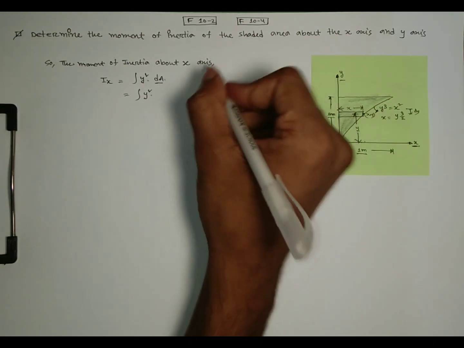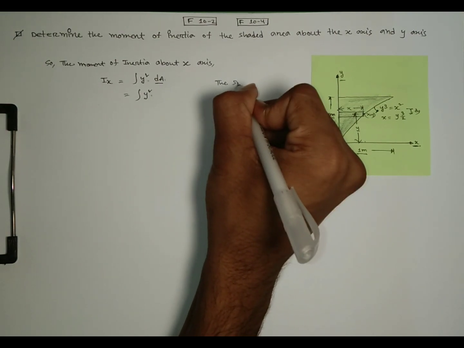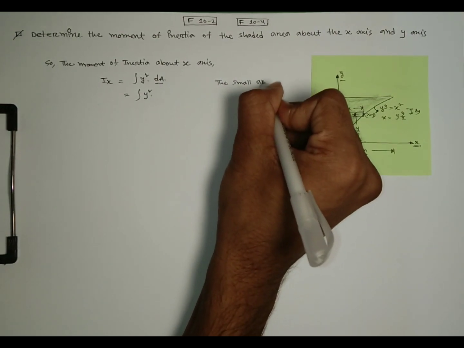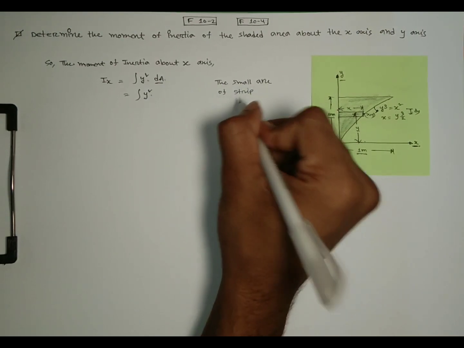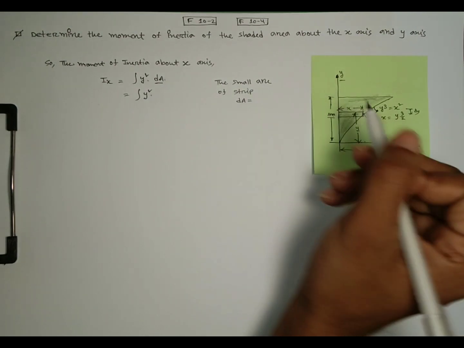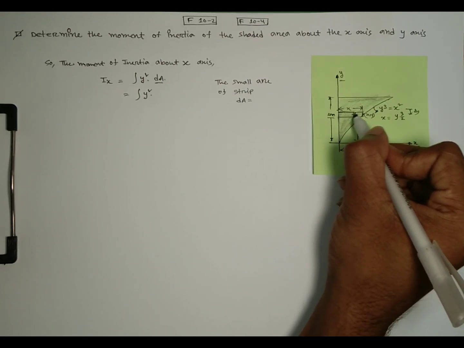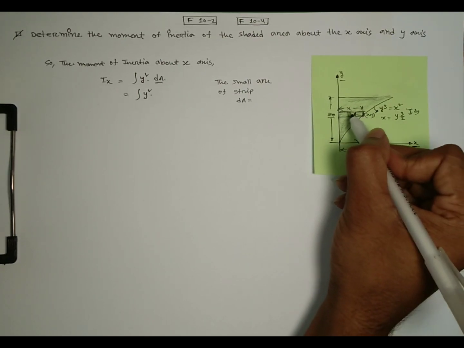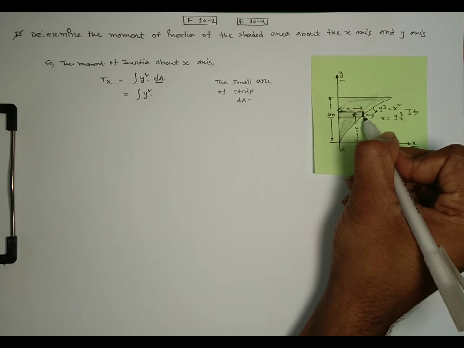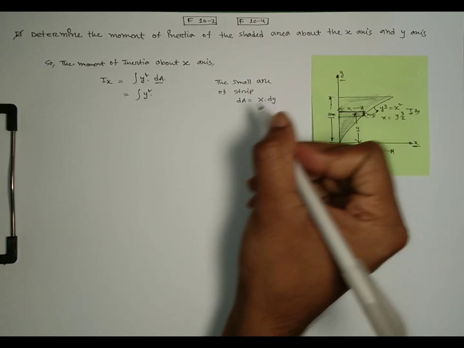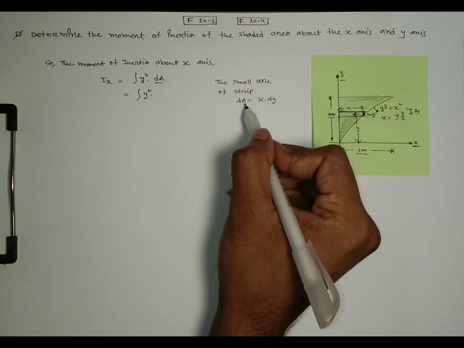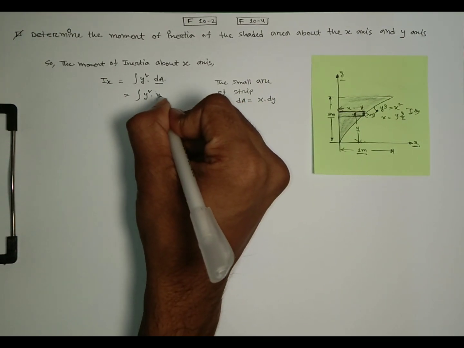The small area of the strip dA equals, since this is a rectangular shape, the area will be horizontal x and vertical dy, so x dy. So let's put dA in here as x dy.